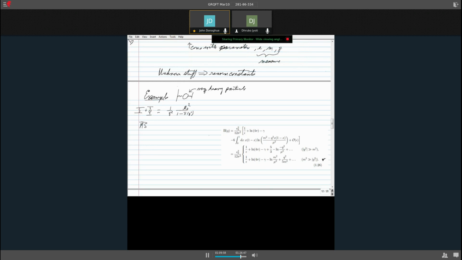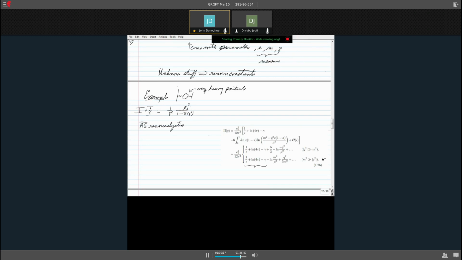What I'd like to do here is just look at an example of how this works. So the example is again the vacuum polarization. So we've calculated this.